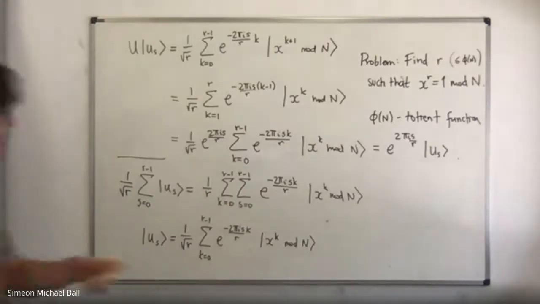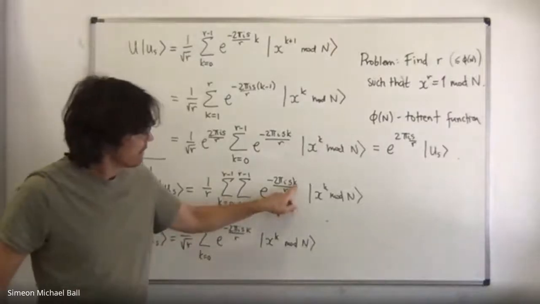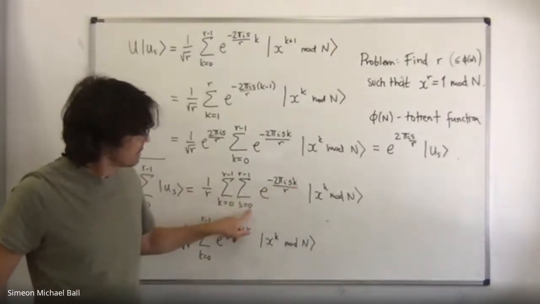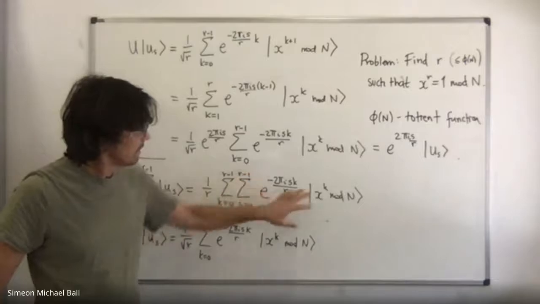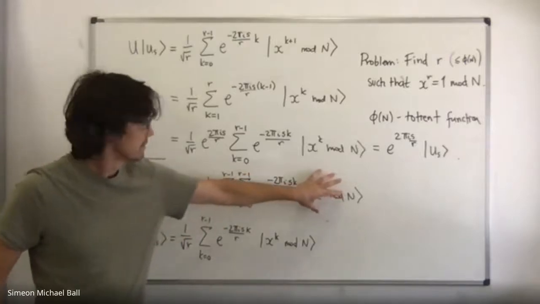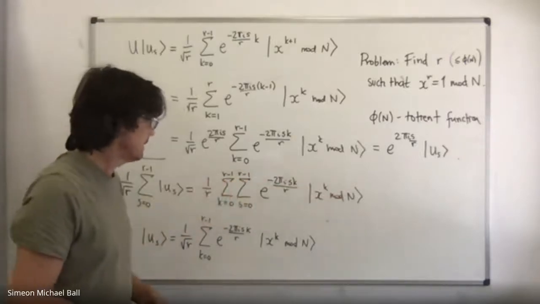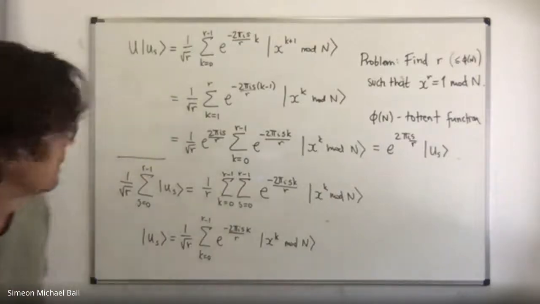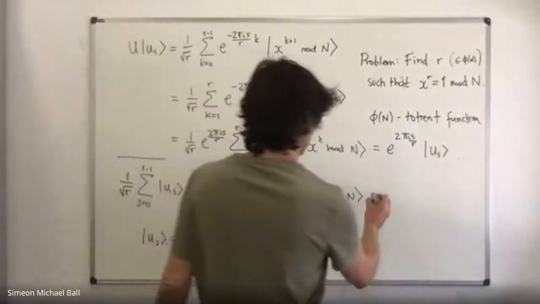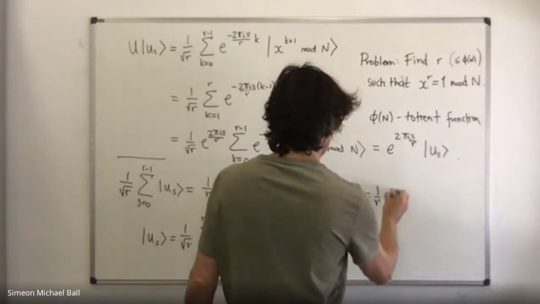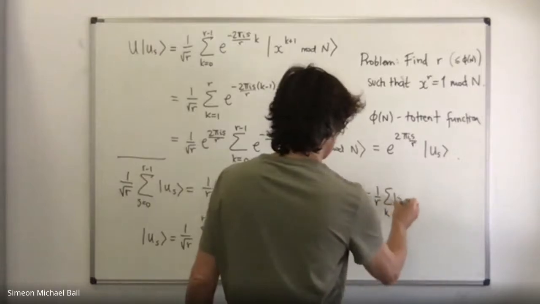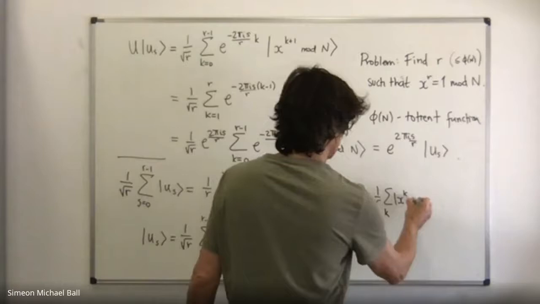So as I say here, if this K is non-zero, when I sum over this from 0 to R minus 1, this doesn't have anything to do with S. So this can now come to the other side of the sum. So I get 1 over R sum K x to the K mod n.